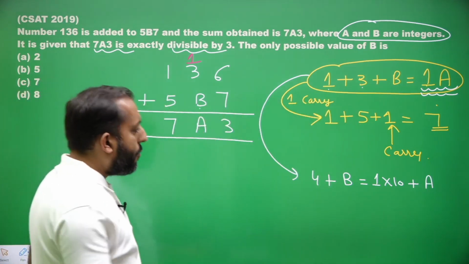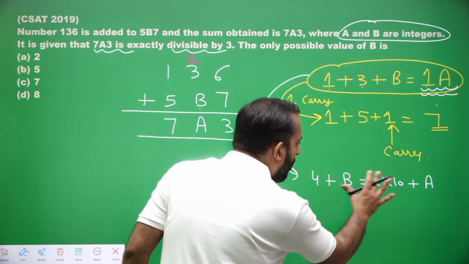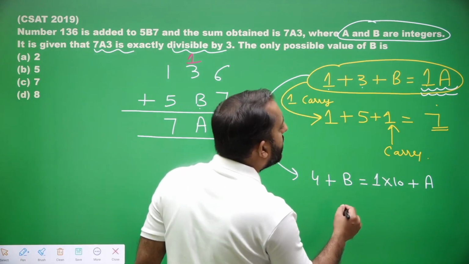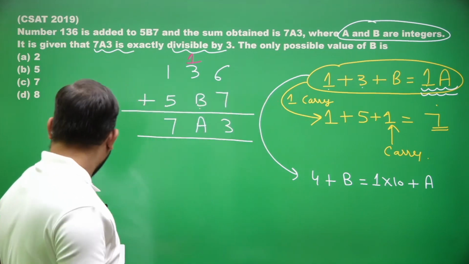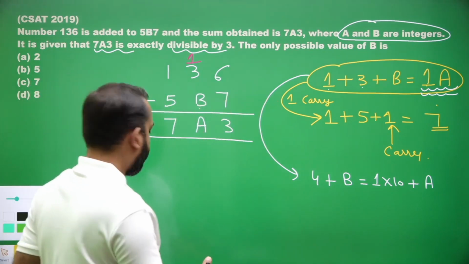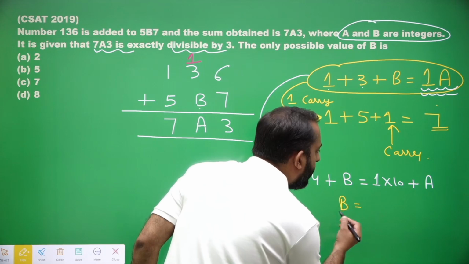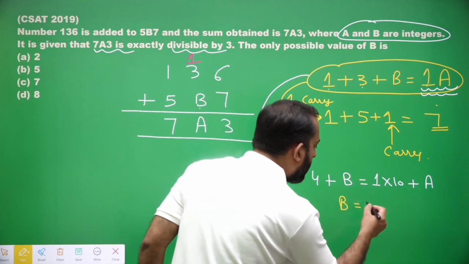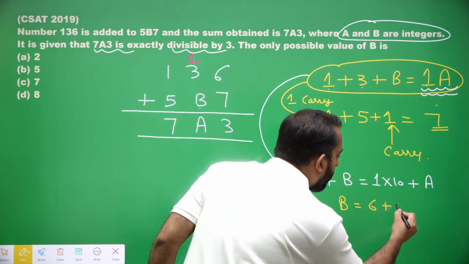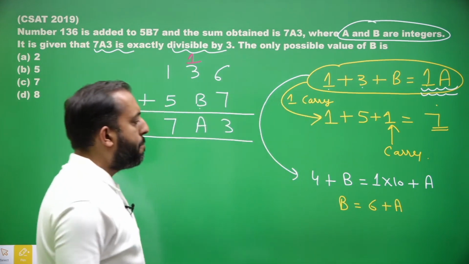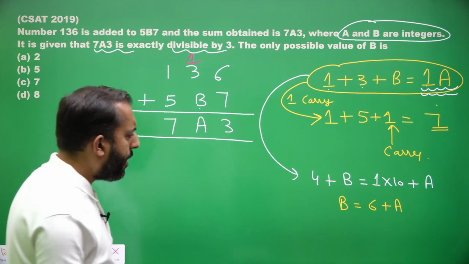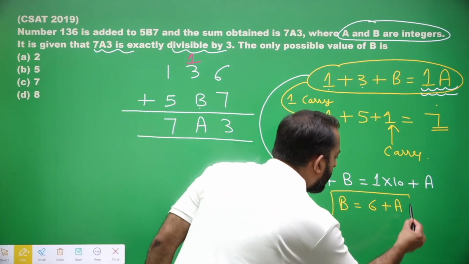If you solve this further, b is equal to 6 plus a. Let's say this is equation number 1.